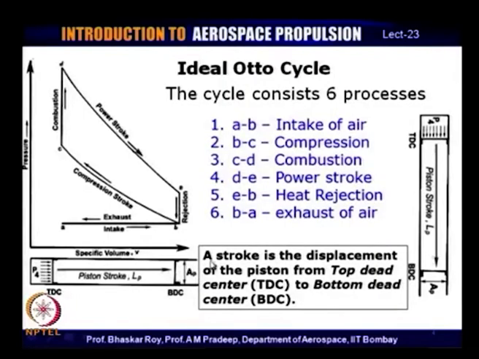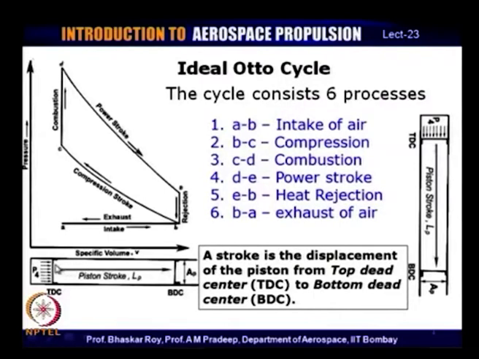Now, when the air is inhaled, that is the process from A to B, the piston actually moves downwards over here, and this entire space is opened up. So, air from one of the ports over here comes in and fills up this entire space, and then the process of compression starts from B all the way to C. Then the piston head, as it is called, moves from BDC towards TDC.